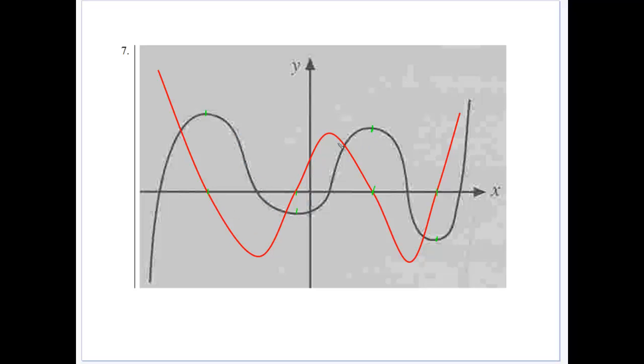Rises again, so positive gradient. Falls again, so negative gradient there, and then rises after the stationary point, so it rises again. So there's a few ideas about how to graph these types of functions. Some are easy, some are hard, and we've got to be careful about looking at what our values of our gradient are tending to do.